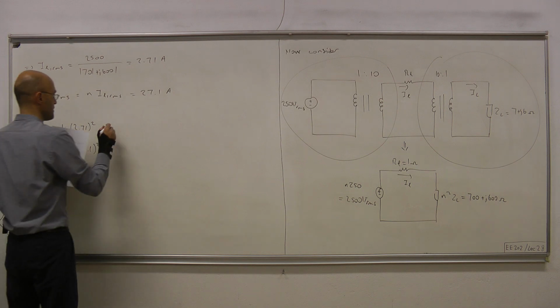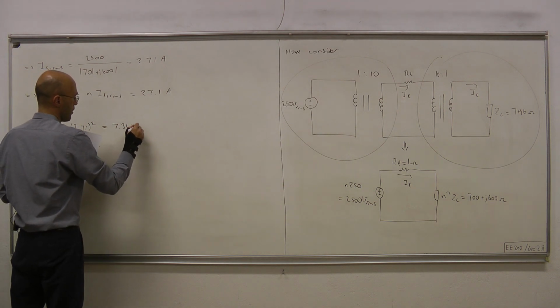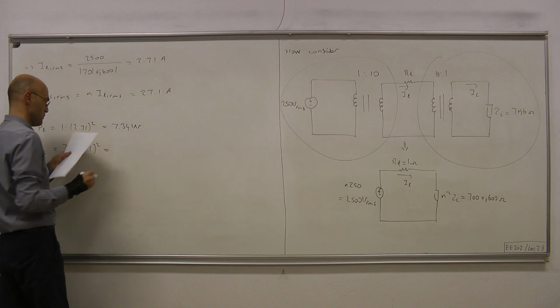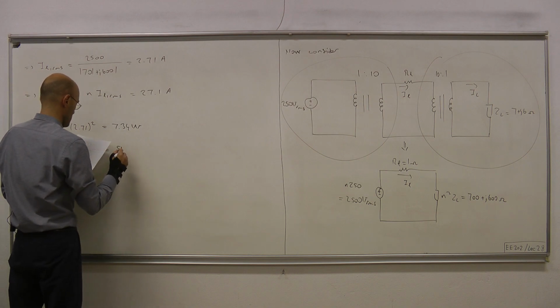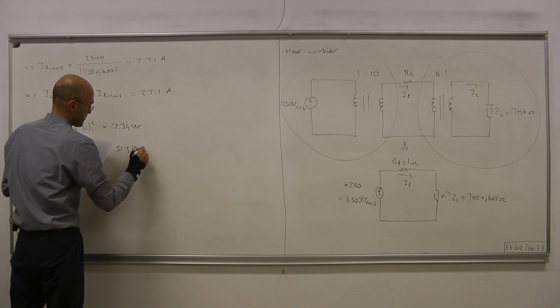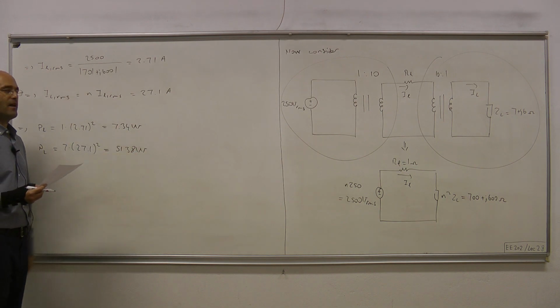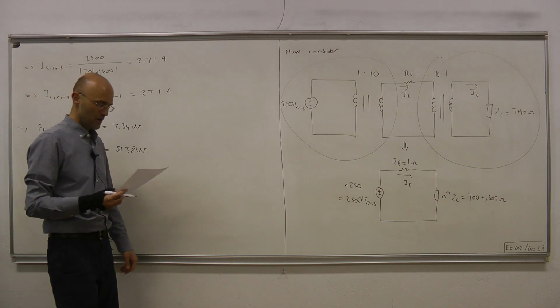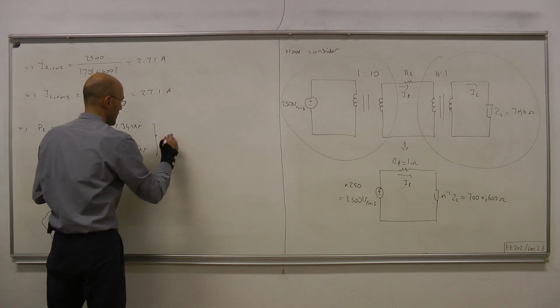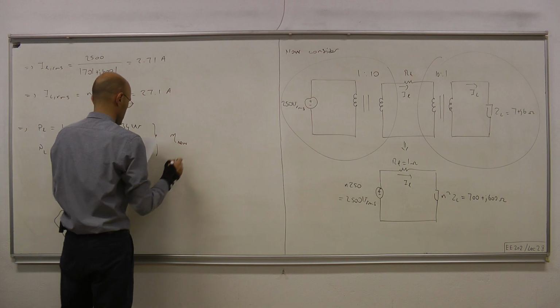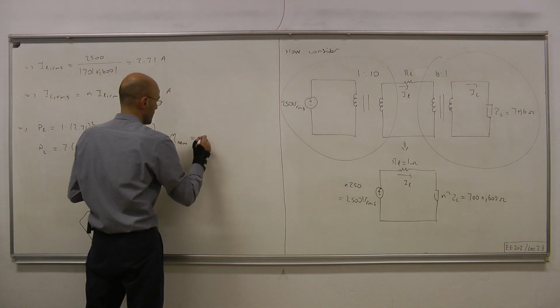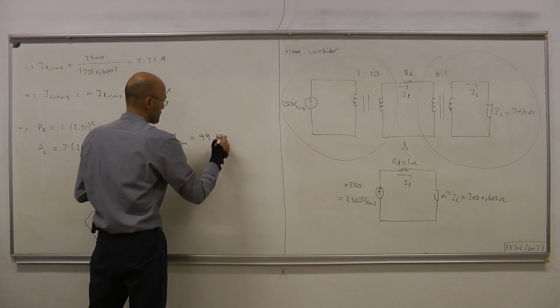Now this reads 7.34 watts, and this reads 38 watts. Now it's already clear that we will have a very large efficiency. And if you compute that, eta, let's say, it's almost 100%.